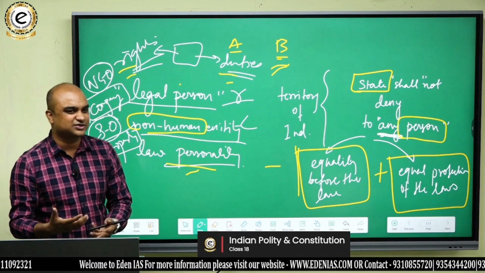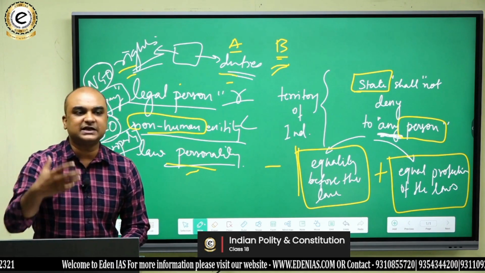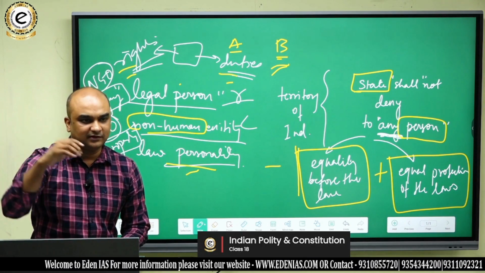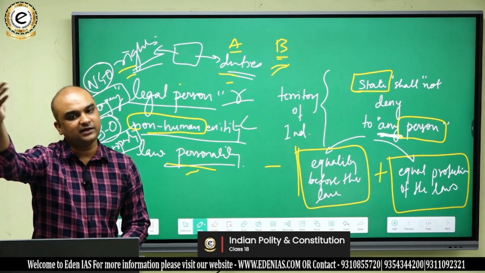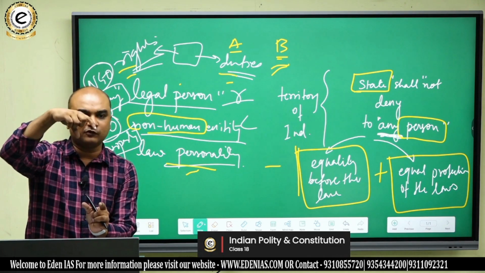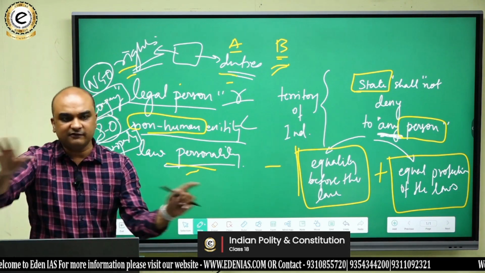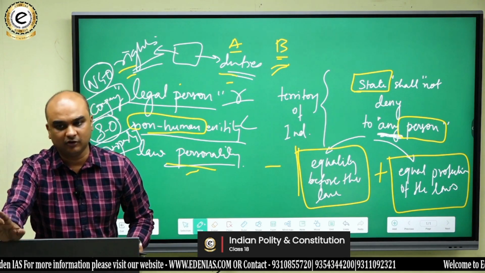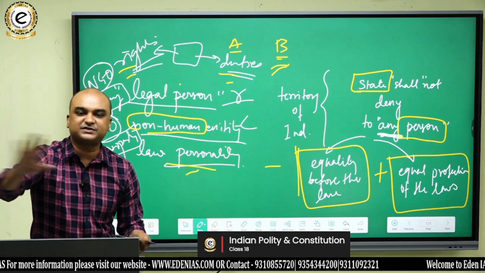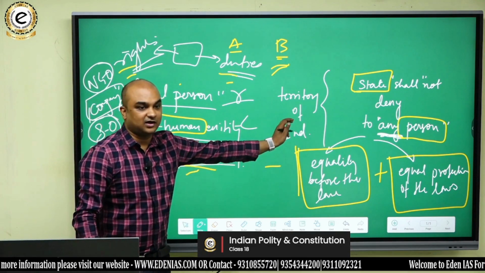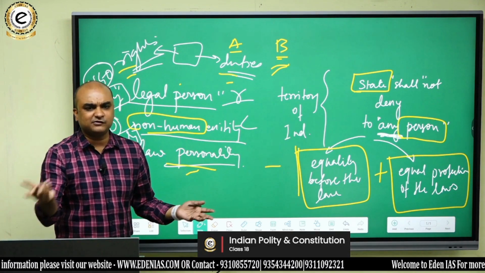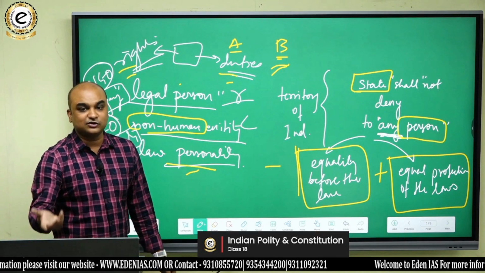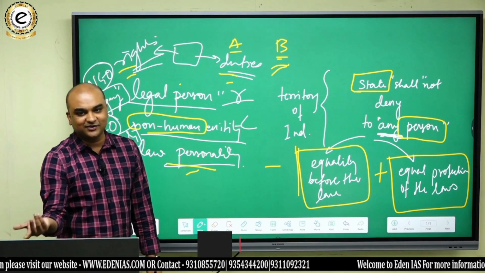Amenable to the jurisdiction means that our cases are tried in the same set of courts, like the lower court, High Court and the Supreme Court. And this same system of courts is handling the cases for everyone, and everyone is treated under the same set of laws. Do you understand that? It means there is absence of what? Privileged class. Because in the olden days, the laws were different for the royalty and for the commoners, and also the courts were different.